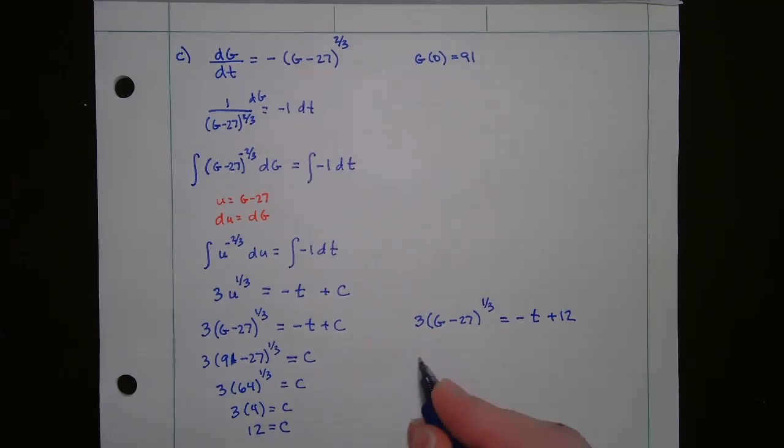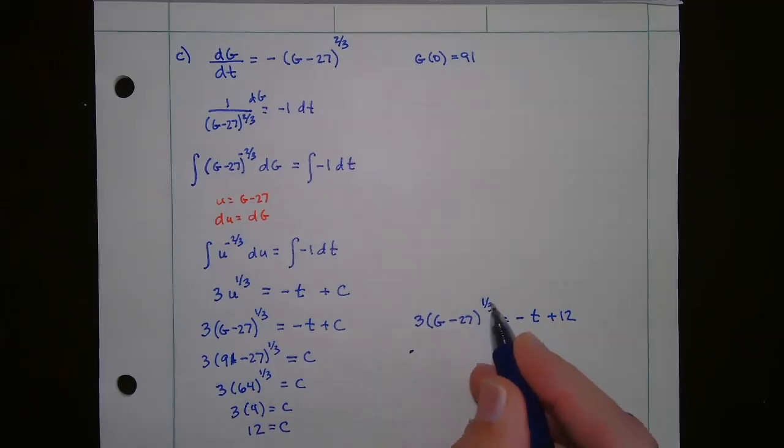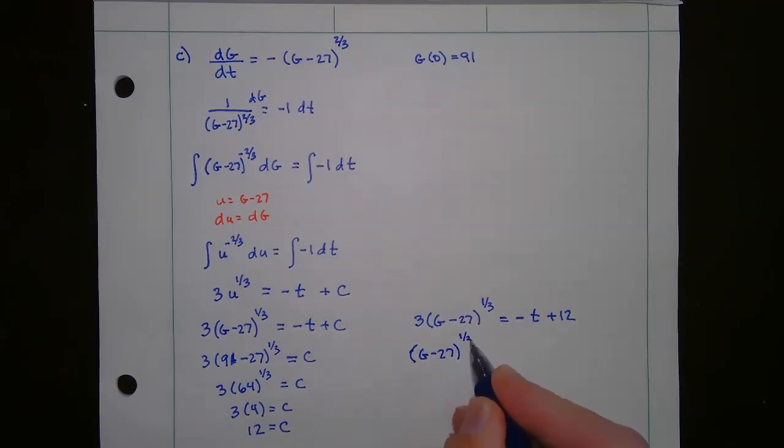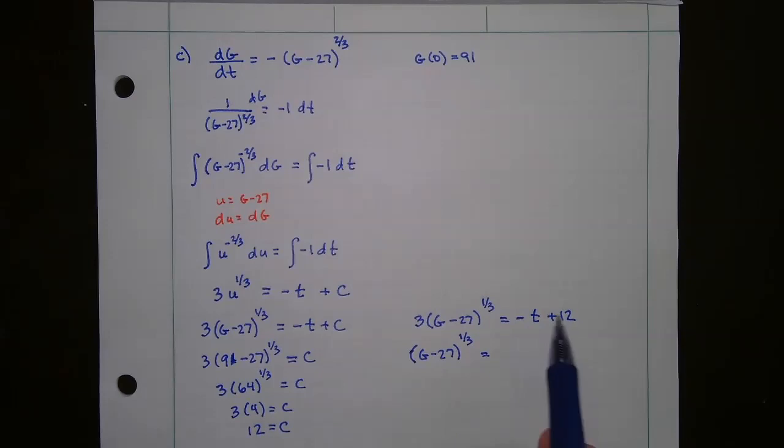So g minus 27 raised to the 1/3 power, and 1/3 power means cube root, is equal to, you could write this as -t plus 12, or 12 minus t over 3. I'm going to write it as 12 minus t over 3.